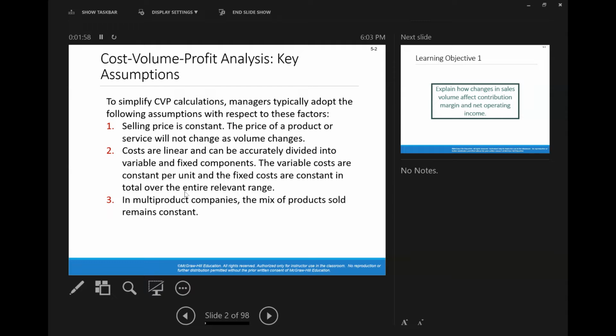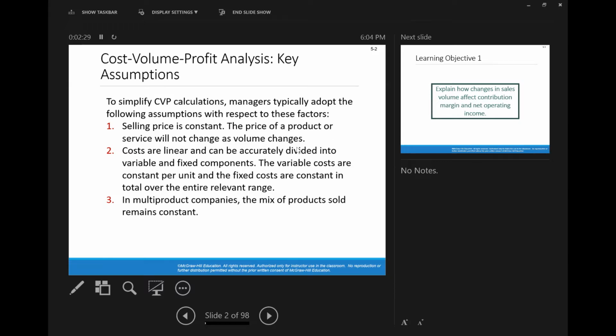So we talked about the fixed cost. The fixed cost is what it is. It's going to stay the same no matter if you produce 500 units or 1,000 units. That cost is going to stay the same. So as you increase production within that relevant range, the cost per unit will decrease. The variable cost being constant per unit means that it doesn't matter how many you produce, that number stays the same.